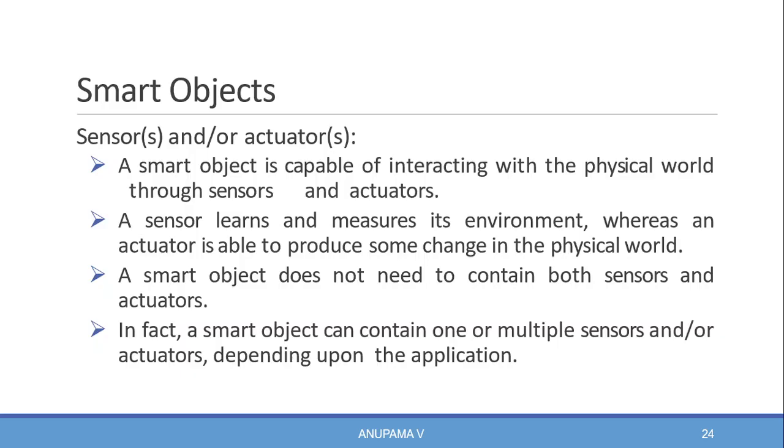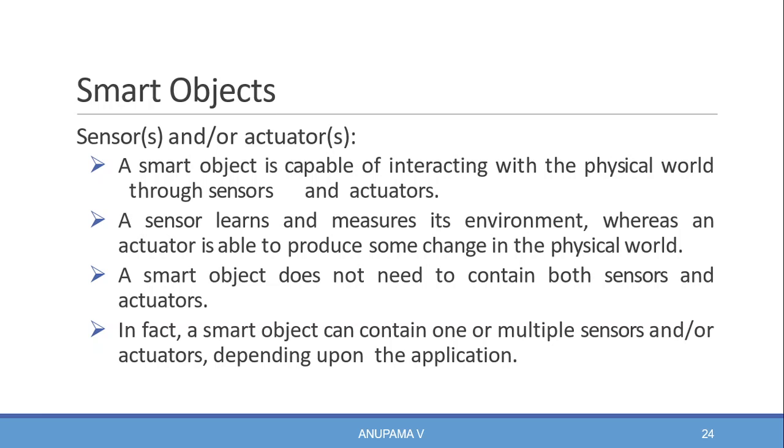Now let us see the sensor and actuator. We have already studied what a sensor and actuator are in a previous session. Let us recall. A smart object is capable of interacting with the physical world through sensors and actuators. A sensor learns and measures the environment, whereas an actuator is able to produce some change in the physical world, or acts or takes action based on the signal it receives from the sensor.